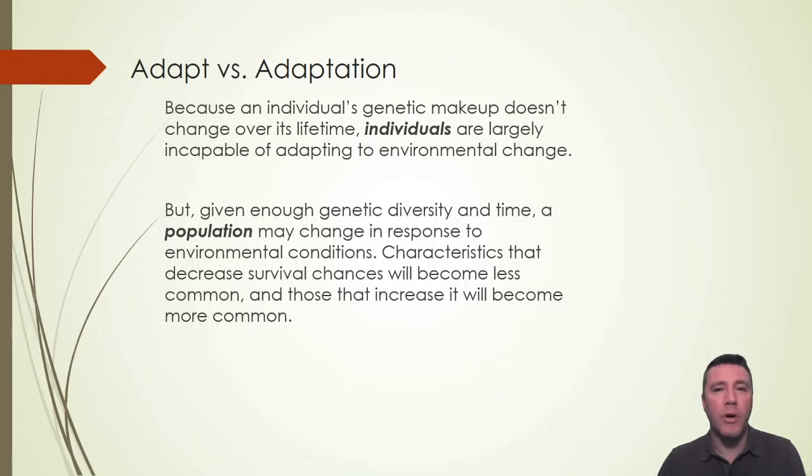There is one important note to make about this, and that is, if the environmental change is occurring quickly, there simply may not be enough time for a population to evolve and meet the new demand of its environment.